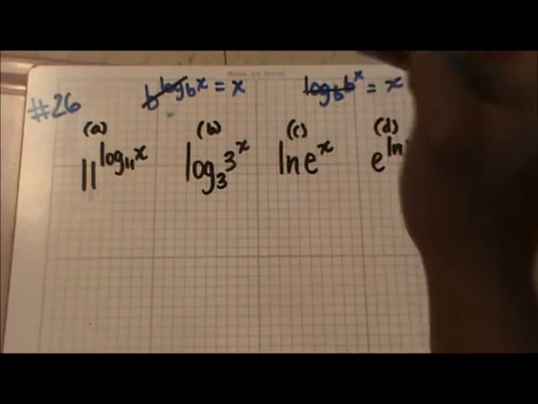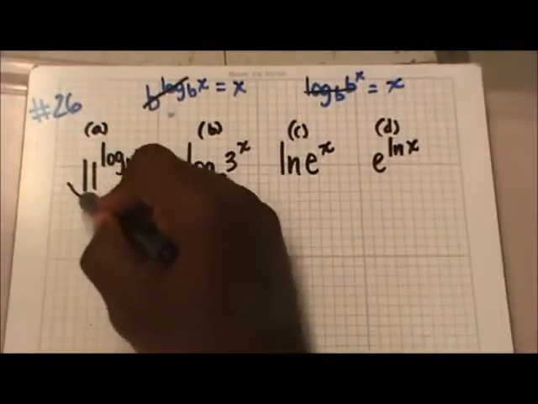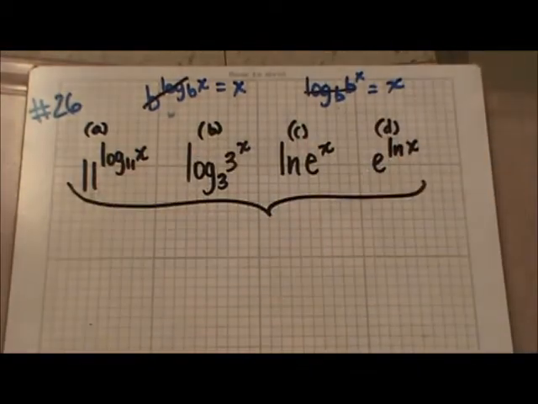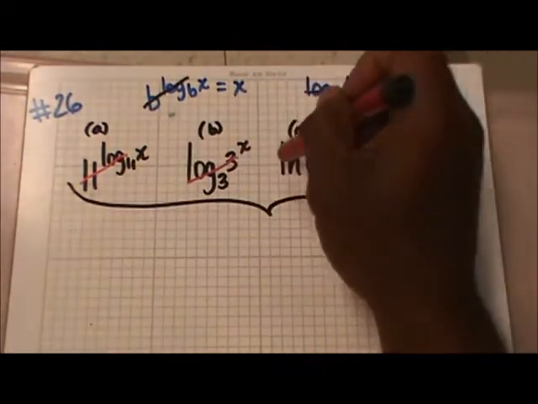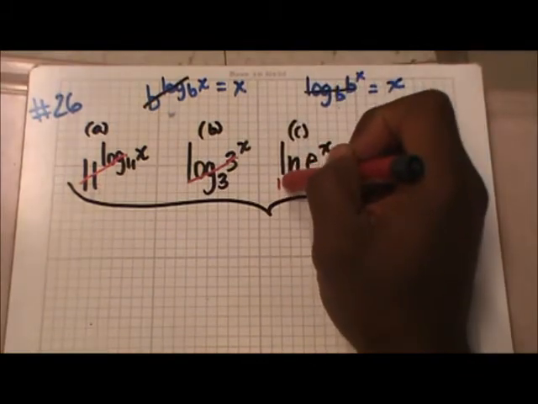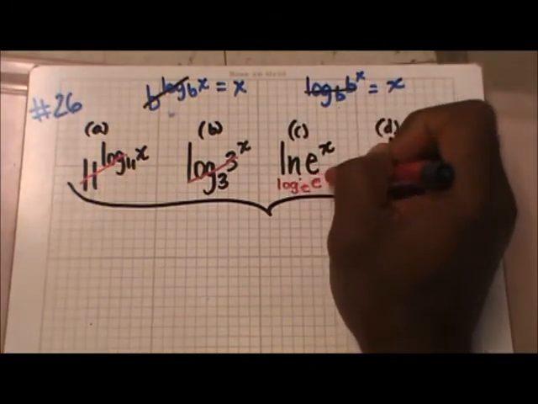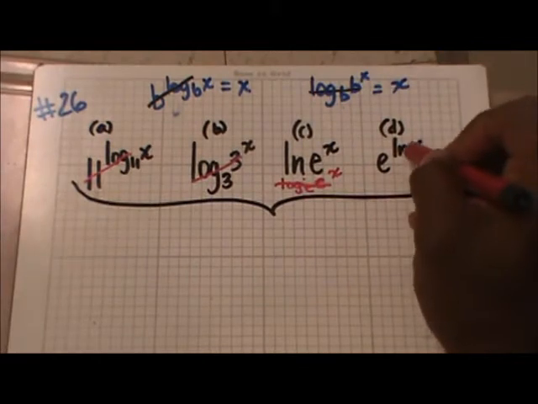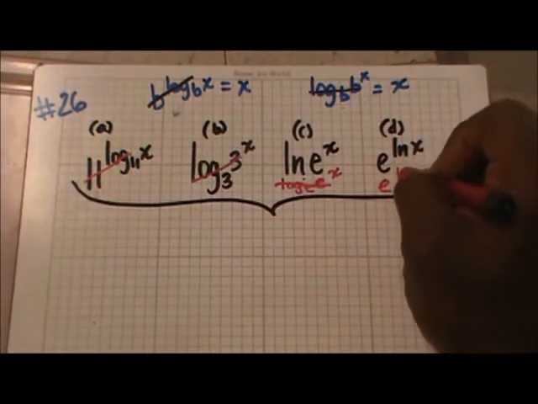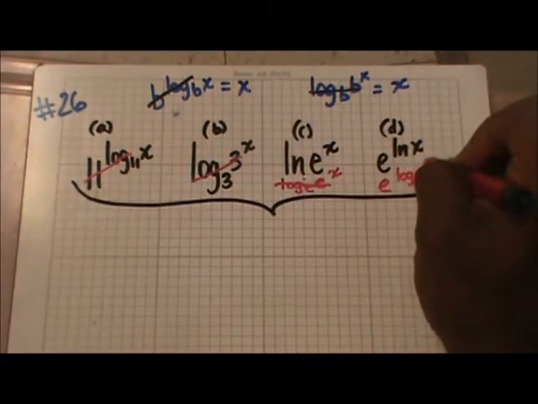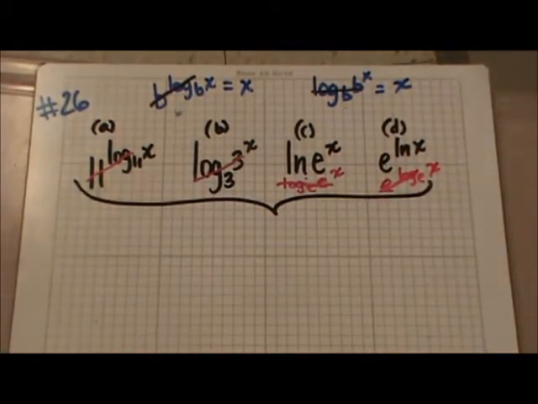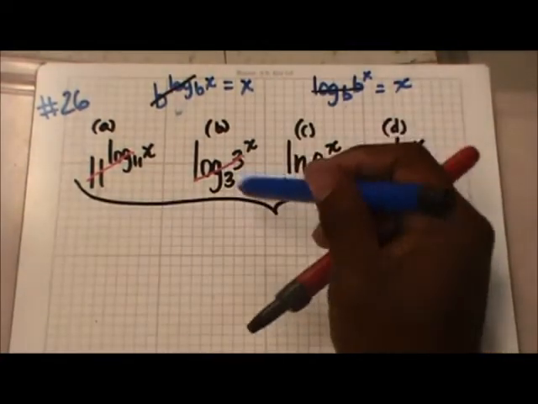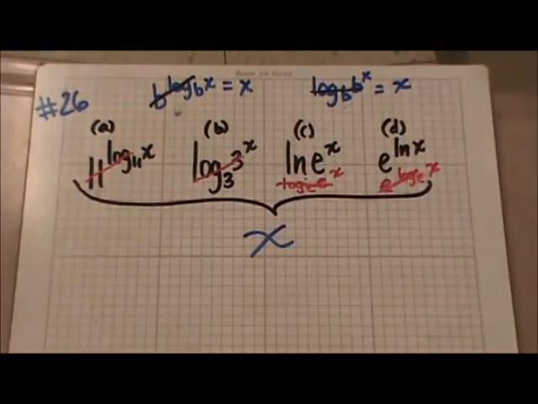Well, they cancel. So for all of these problems, every time, what do you think happens? This cancels, this cancels. Remember, this is log base e of e to the x, so that cancels. And the same thing here, this is log e of x. So that cancels. So what's the answer for all of these problems? X. Done.